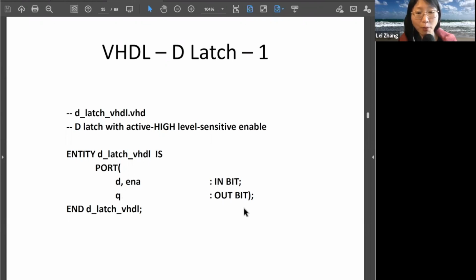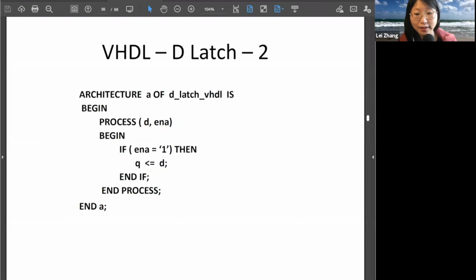Q is an output bit. The main architecture, the important part, is a process. When we have a process, you have to have a bracket, and within that bracket, we call it a sensitivity list. It's a list of input signals.